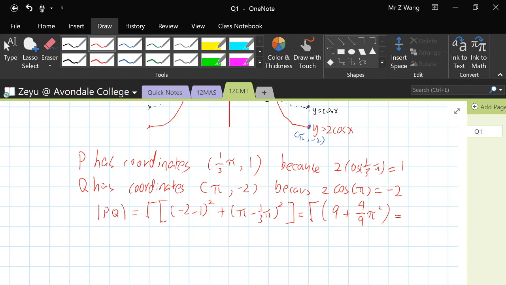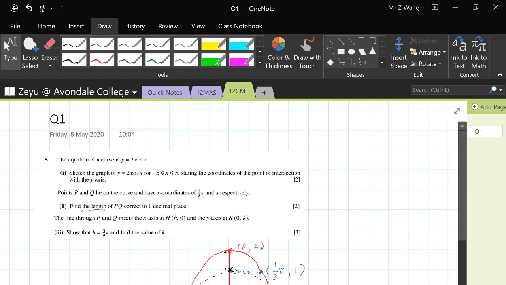If you press a calculator, this is 3.7. Okay, so we've done the second one: find the length of PQ.